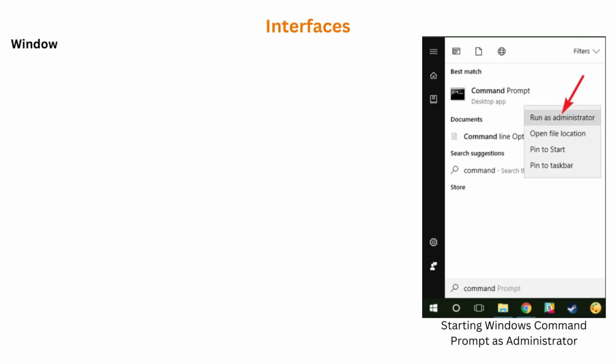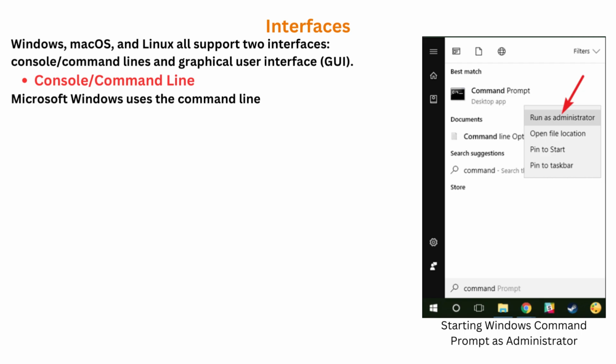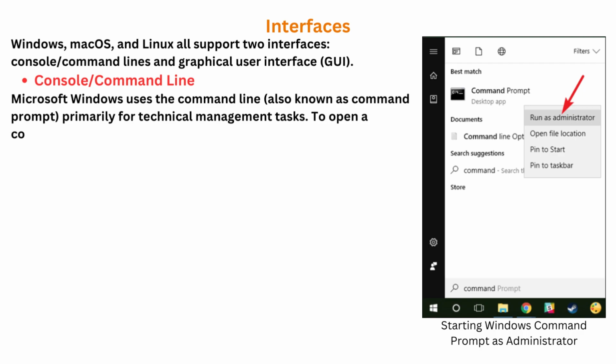Interfaces. Windows, macOS, and Linux all support two interfaces: console command lines and graphical user interface, GUI. Console command line. Microsoft Windows uses the command line, also known as command prompt, primarily for technical management tasks. To open a command line session, open cmd.exe.